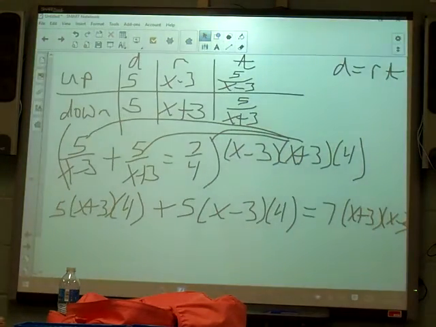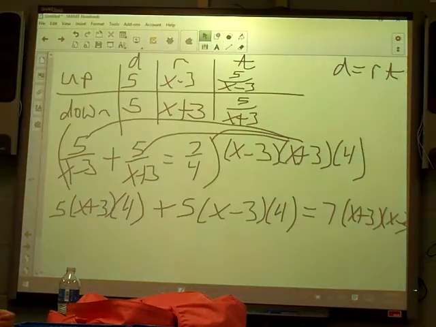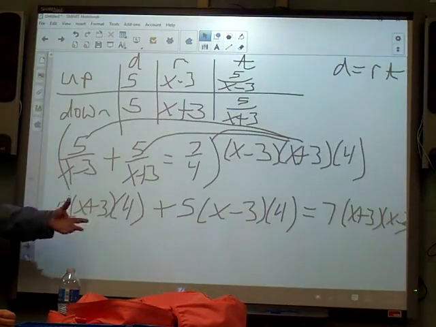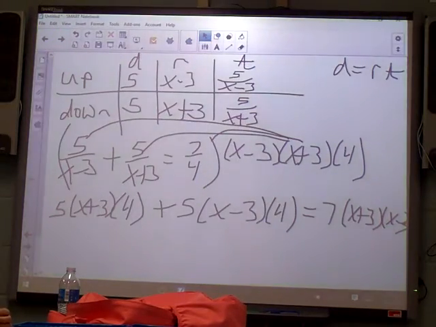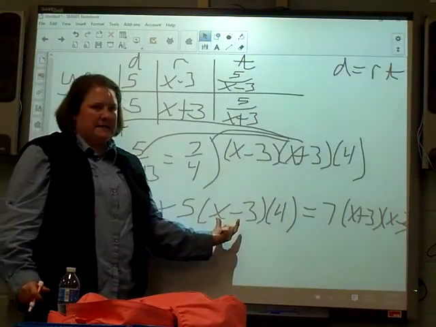Alright, when we start distributing this stuff now, I'm going to do some of this on dry erase board because this hasn't been working good when I try to do both places at once. This is 20 times 4 that I'm distributing there. Right? We can make that jump, so that'll make 20x plus 60 for that first one. Then here, this is 20 times x minus 3.